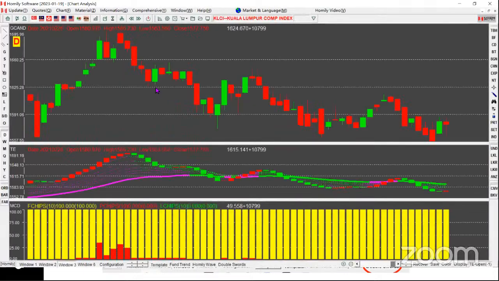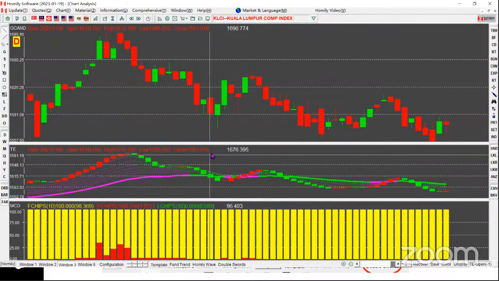The first question is, where is double source? First you need to open the chart. For example, now I'm opening the KLCI chart.